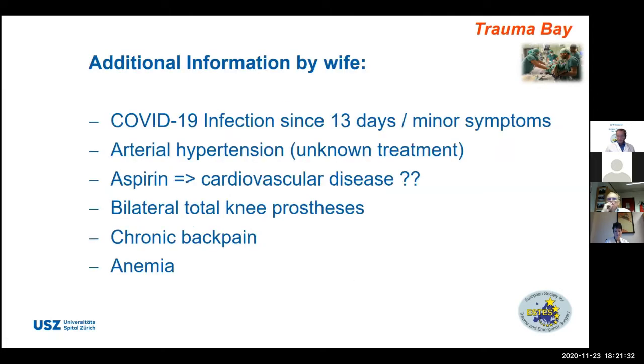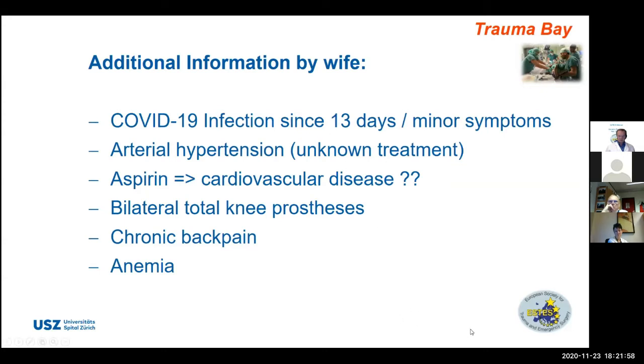Because at this stage, we get additional information from his wife. So he had a COVID-19 infection for 13 days. And the day when he was walking around was actually one of his first couple of days after being released to the public. She told us that he has arterial hypertension. She doesn't know what kind of treatment he gets.